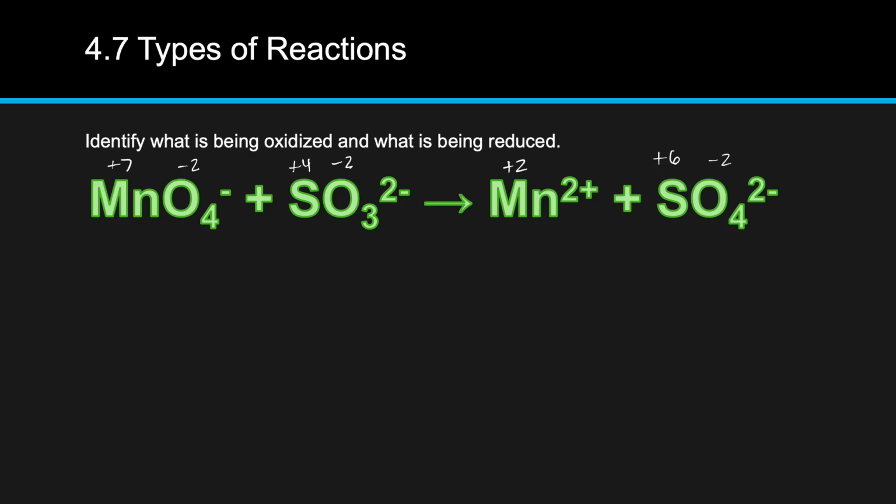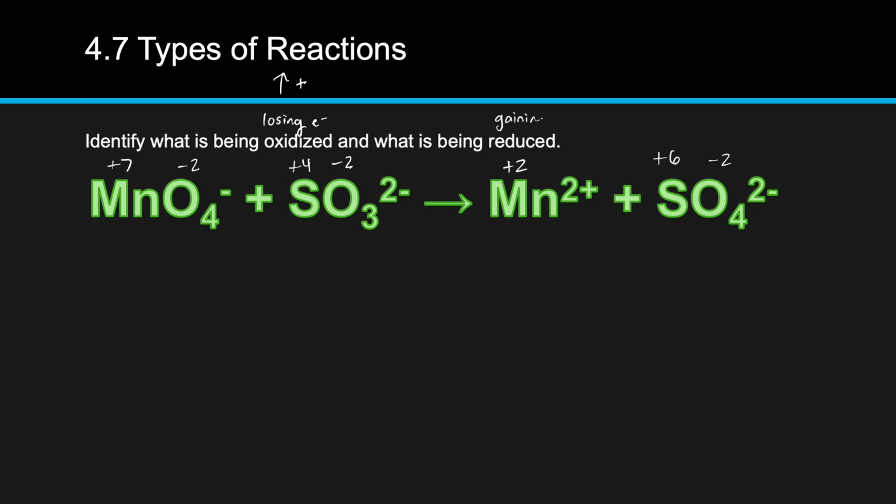So now from here, we need to identify what element is being oxidized and what is being reduced. Now remember, whatever is being oxidized is losing electrons. And when something is losing electrons, that means its charge is going to be getting more positive. So we're increasing our positive charges or positive oxidation numbers. And then whatever is being reduced is gaining electrons.